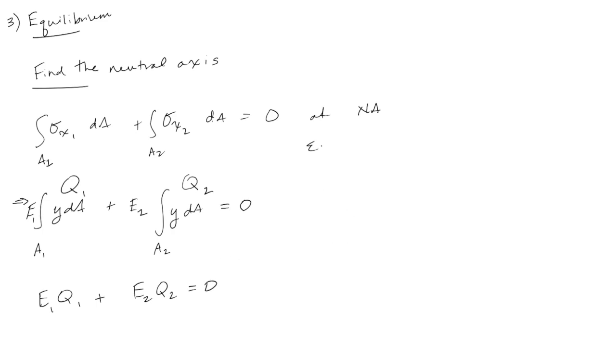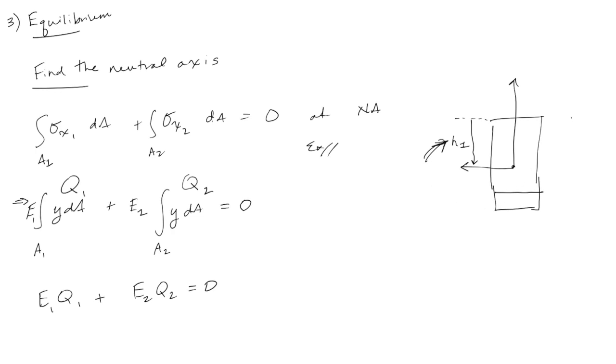So let's look at a little example to see how this works. If we have a cross section, something like this, and the neutral axis is at some distance h1 from the top of the beam. This is what we have to determine; this is what we don't know.